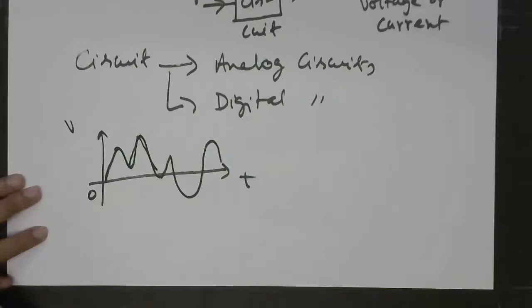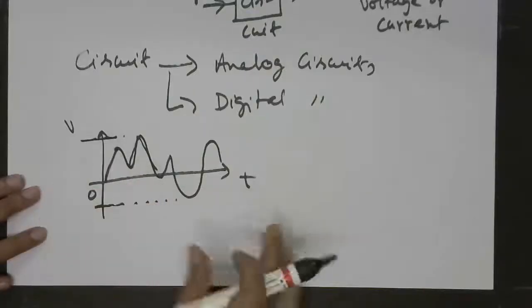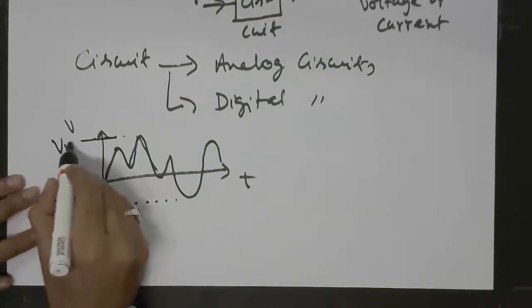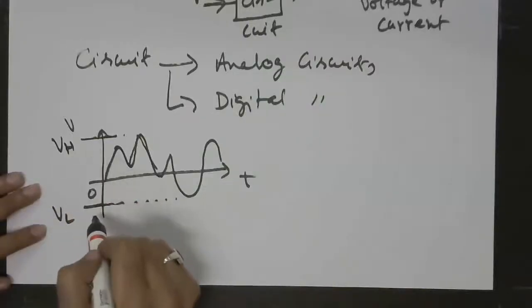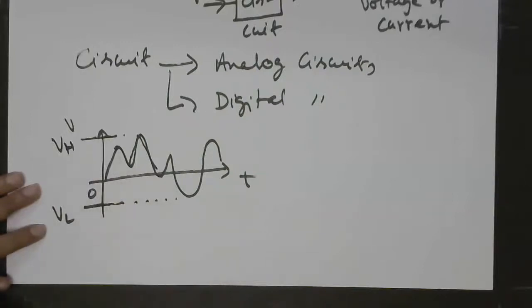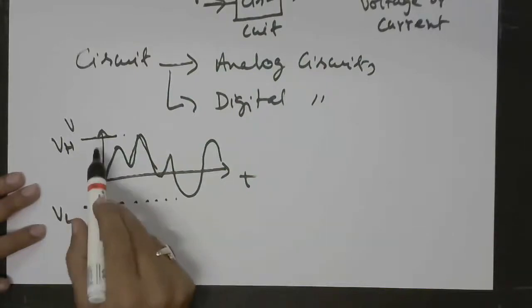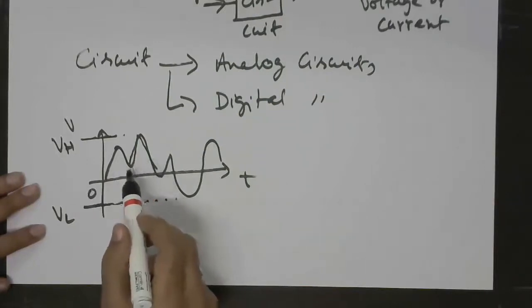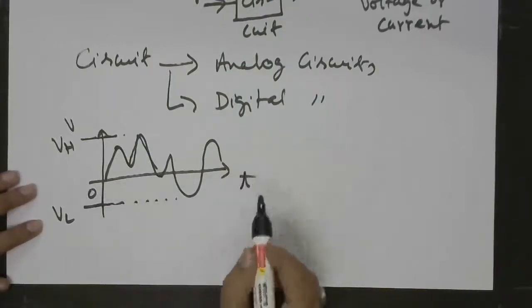Here we see that this signal has a lower value here and a maximum value here over this range. So this is the lower value of the voltage, this is the higher value of the voltage. Within this range of lower to higher, you will notice that the signal always takes a certain value in this range. All the values in this range will definitely be taken up or assumed by the signal at least once in its duration.